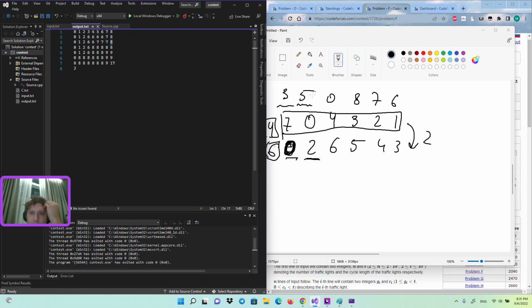So again, this light is red. Okay. So what does this 8 mean? This 8 means that this segment went 8 points to the left. Okay. This segment went 8 points to the left. Didn't it?